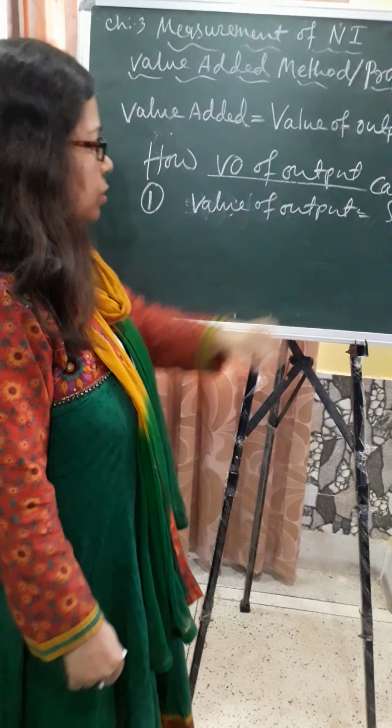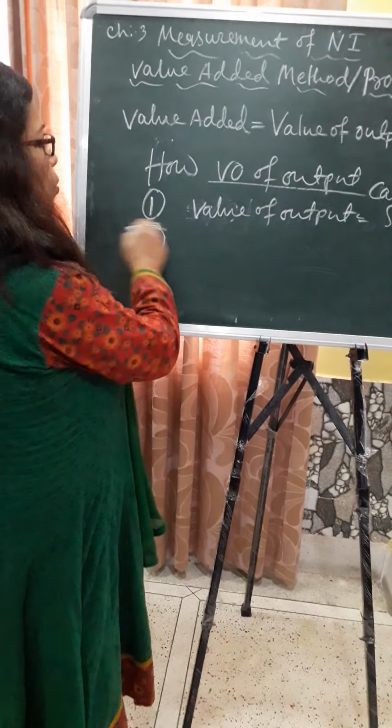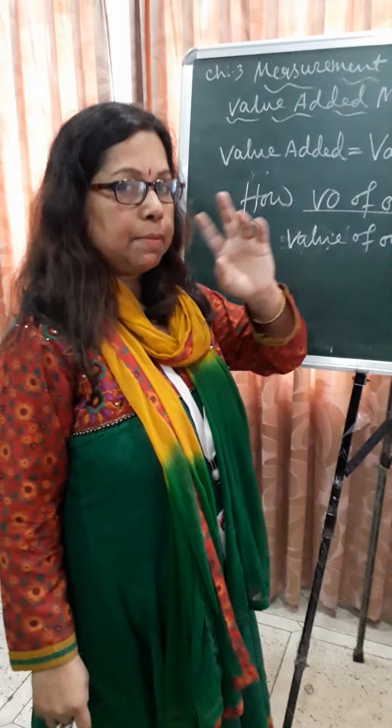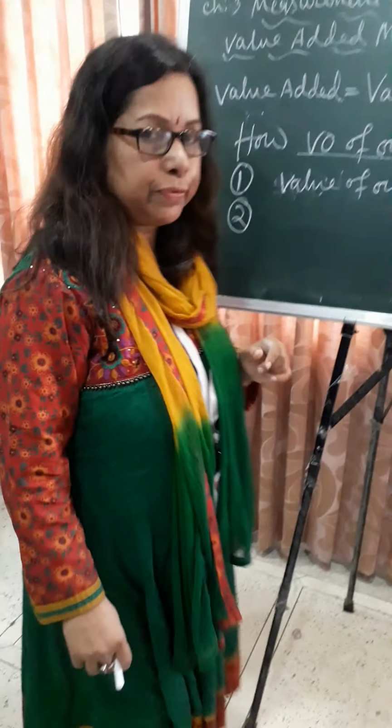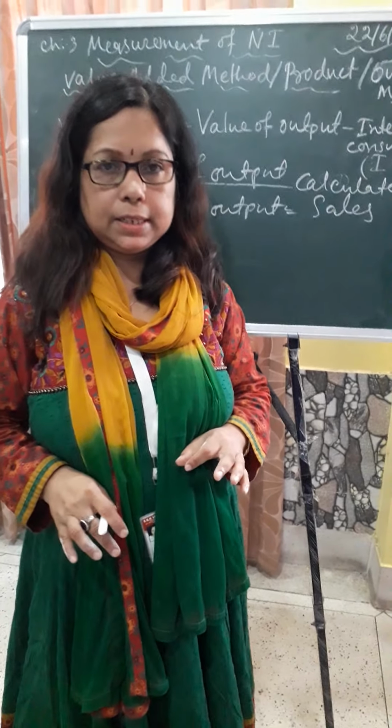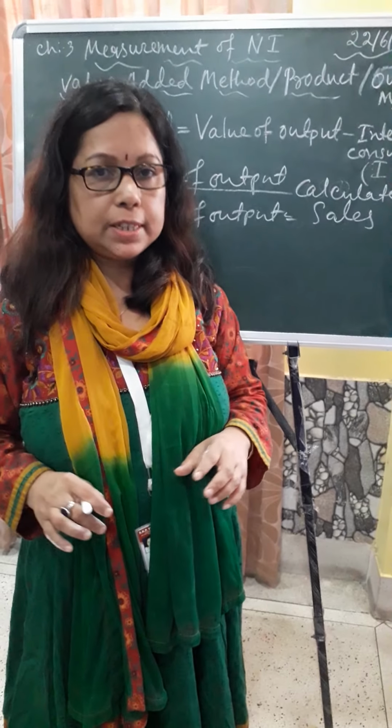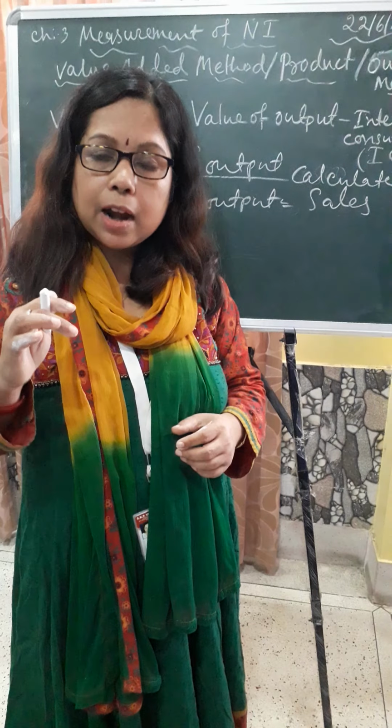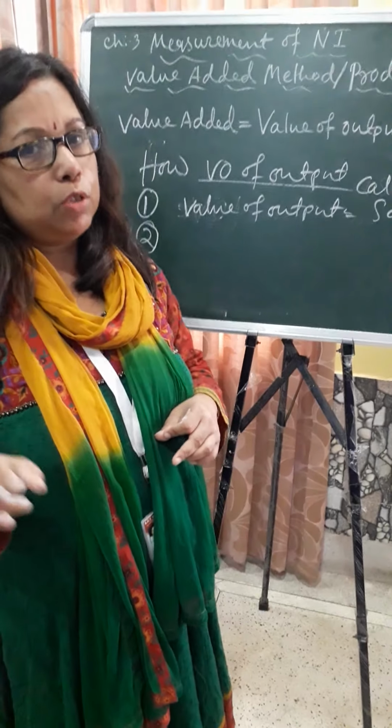Now what is next? Number two. How to calculate value of output? If the total output is not sold in the market and a few portions remain, then this unsold stock is added to sales. Clear? In such a way value of output is calculated.